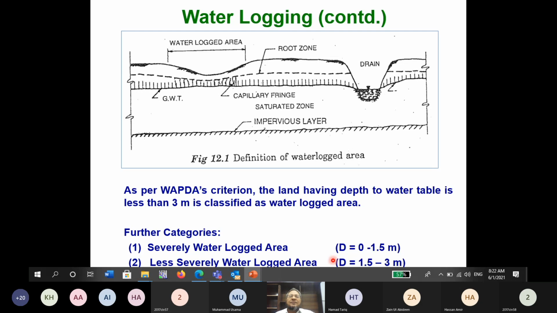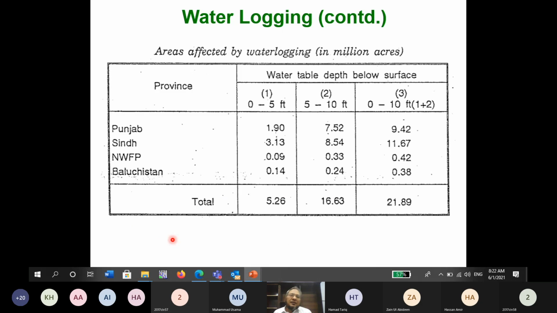So this is a table which gives the data of our 4 provinces, their lands, and water depth below the surface for 0 to 5 feet, 5 to 10 feet, and 0 to 10 feet, which means 1 plus 2 in the third column.